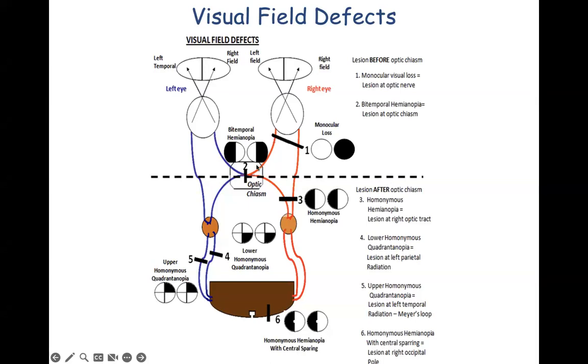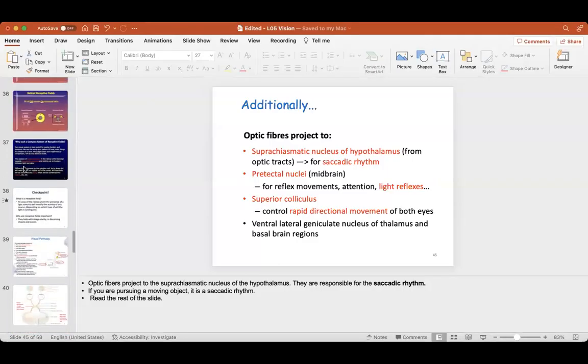Optic chiasm lesion is going to cause bitemporal hemianopia, and also the dorsal optic pathway is the same as the parietal radiations, number 4 here. Monocular loss is when there's a complete cutoff of the optic nerve from one eye, so complete vision loss from a certain eye. And yeah, everything that we've discussed.